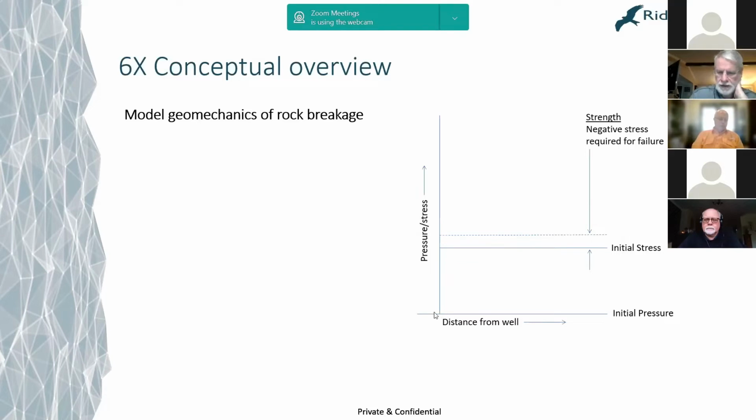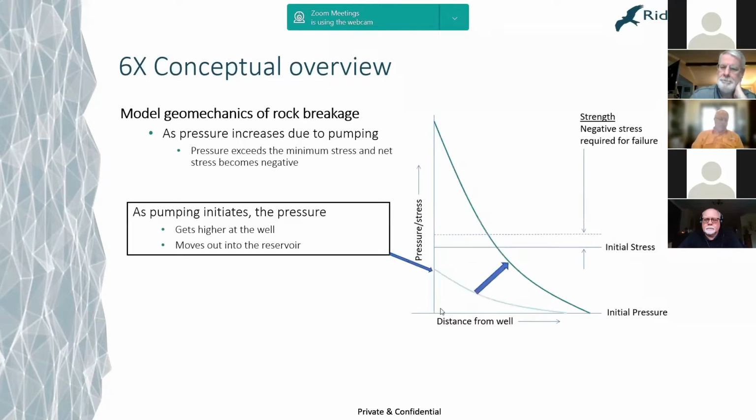So at the cluster at the wellbore, we're going to start at the origin point here. And as we pump into that cluster, the pressure at the well is going to rise, and that pressure front is going to push out into the reservoir some distance.